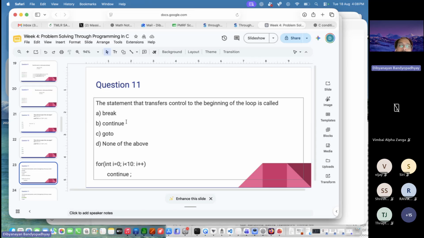And what happens when you use continue statement? That you should know.